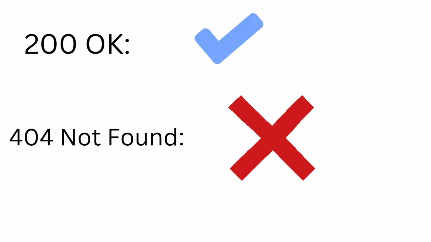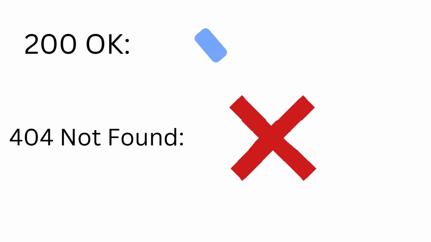Those status codes are super important. They're like the server's way of saying, "I got you," or "Oh, something's wrong." Here's a quick rundown. 200 OK means everything worked perfectly. 404 Not Found means the server couldn't find what you asked for.